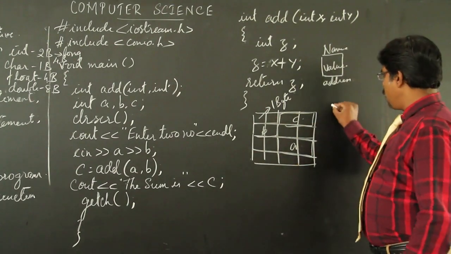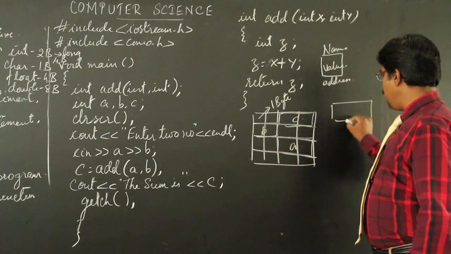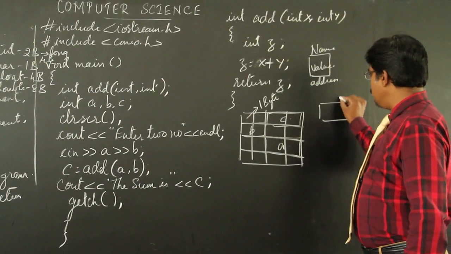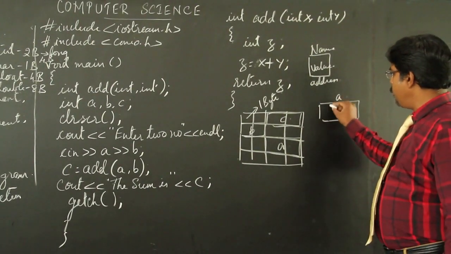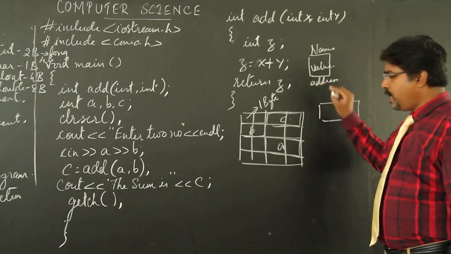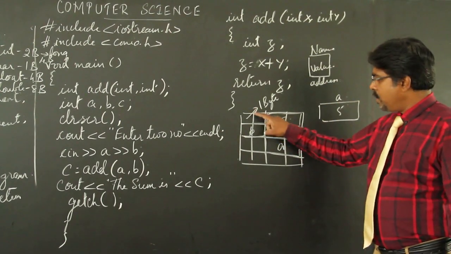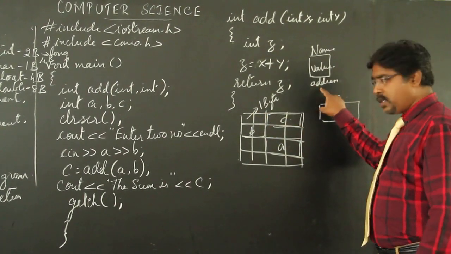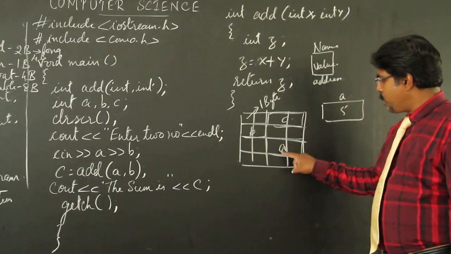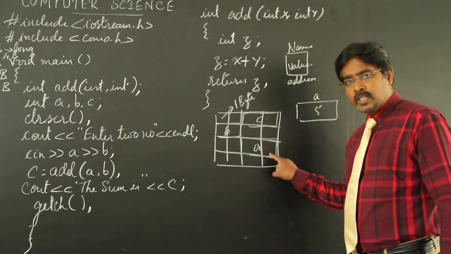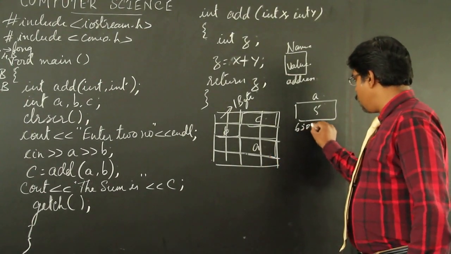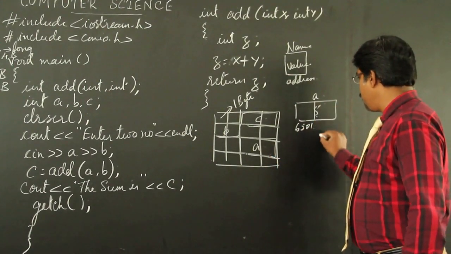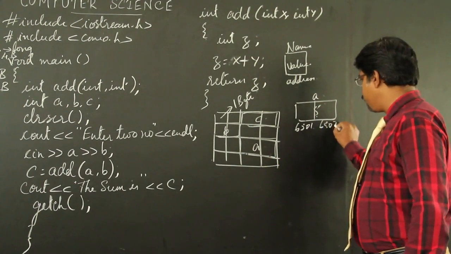Let me take one of them, that is A. A is the name of the memory location, and then the value is 5, and then the address. I said each cell has one address. Likewise, here for A, 2 bytes are allocated, so 2 addresses should be there: 6501, and then 6502.